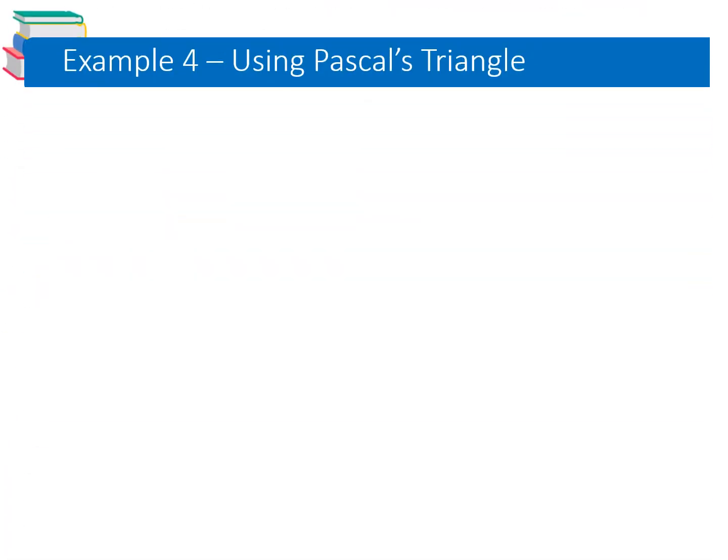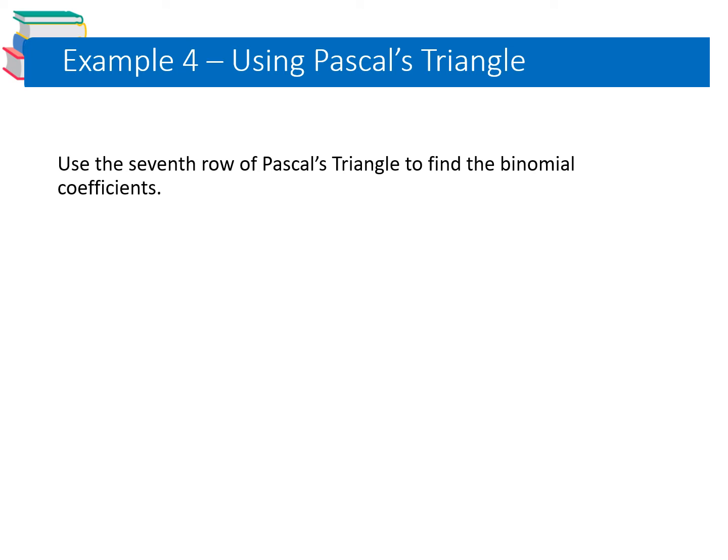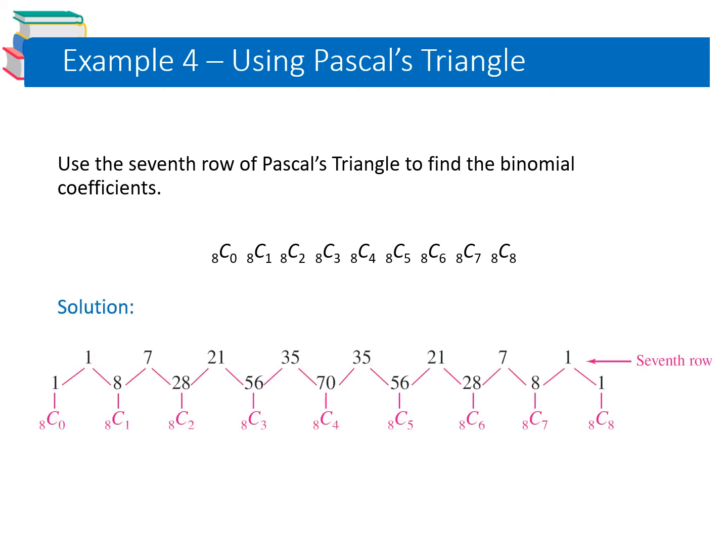Example for using Pascal's triangle. Use the seventh row of Pascal's triangle to find the binomial coefficients. So, ito yun. Kapag gagamitan mo ng combination, ito yun, 8C0, 8C1, equal yan dito. Yan. So, ang ating papansin mo, ang ating 7th row is 1, 7, 21, 35, 35, 21, 7, 1.